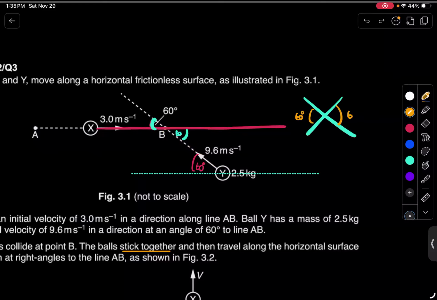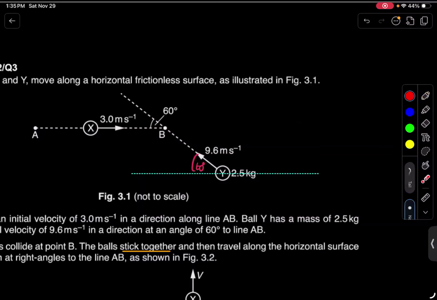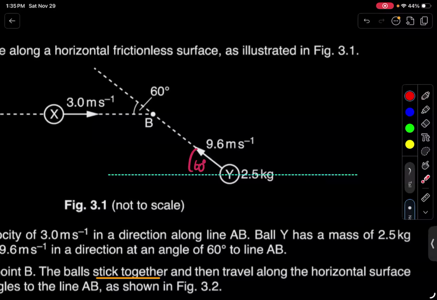So no matter what you do, you have figured out that this line has a 60-degree angle as well. Which means ball Y has a horizontal momentum in this direction, towards the left. So the horizontal momentum is going to be 2.5 multiplied by 9.6 cos 60.